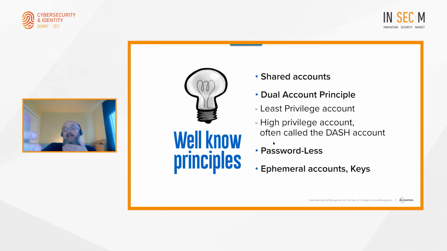So that's where they must balance their least privileged account for opening emails and for performing the mundane tasks, and then switch to their high privileged account for their sensitive operations.